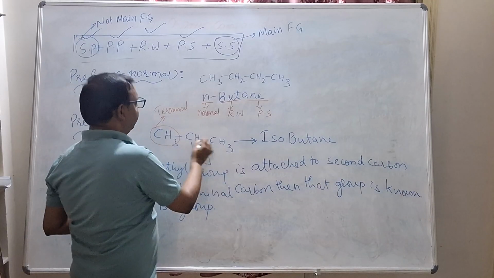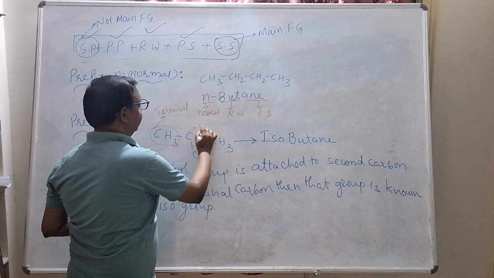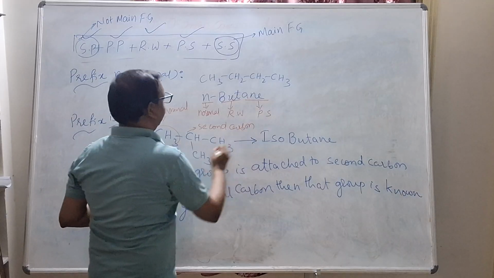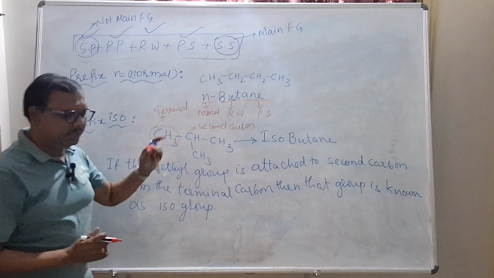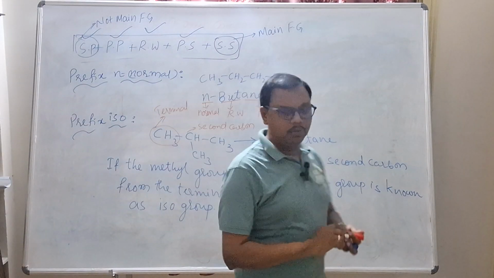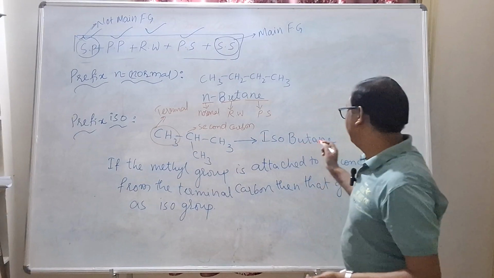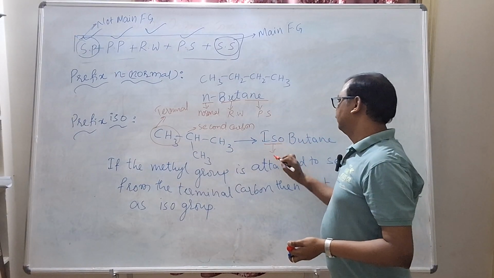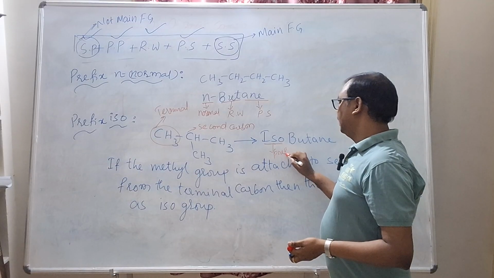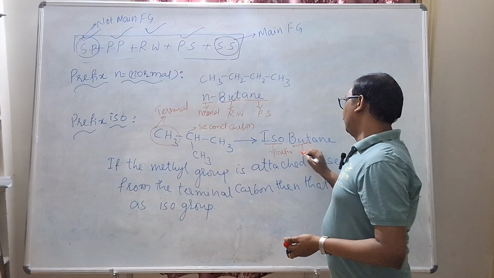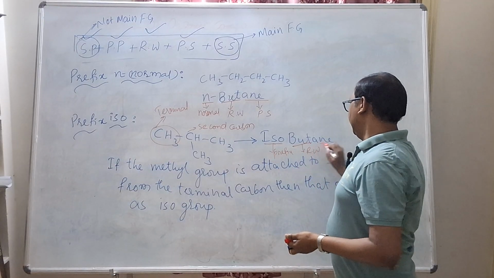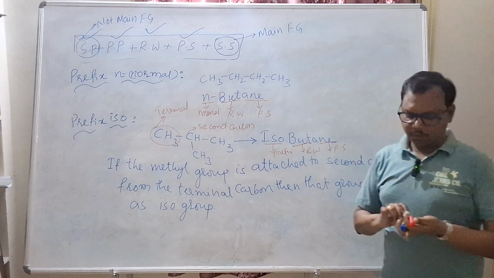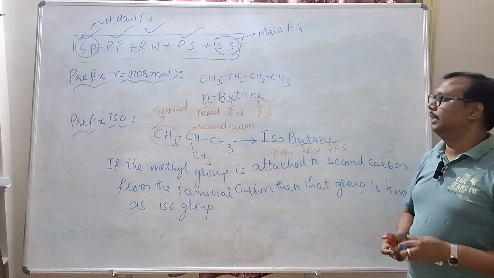This is the second carbon from the terminal, and the methyl group is attached to this second carbon, so it is called iso. Iso is a prefix here. But is the root word, and ane is the primary suffix. So we say isobutane.